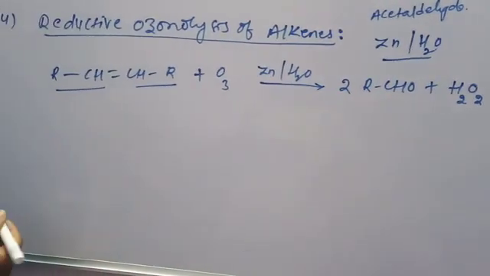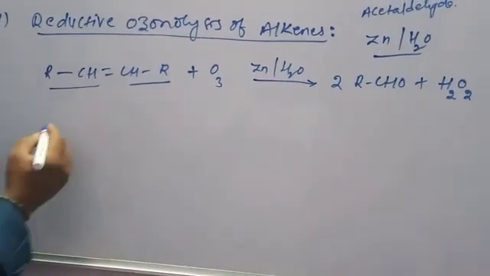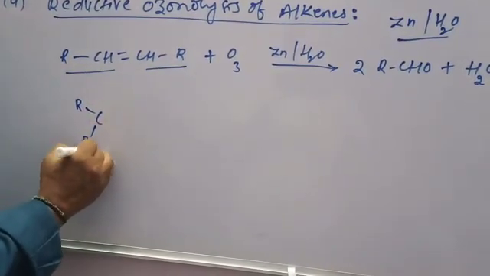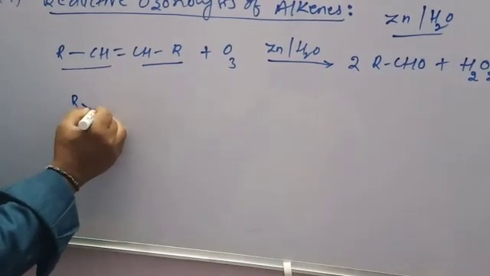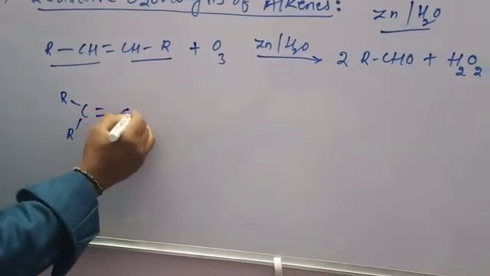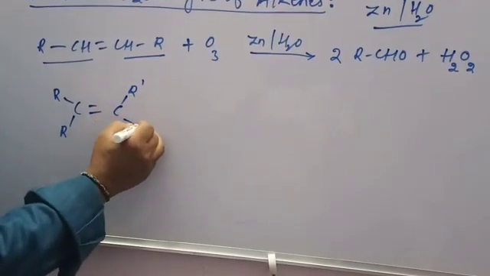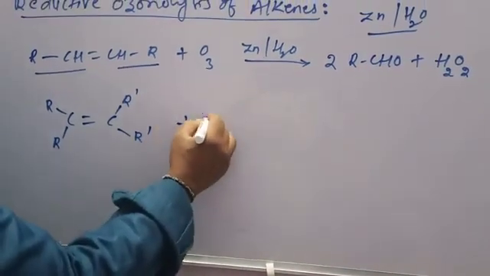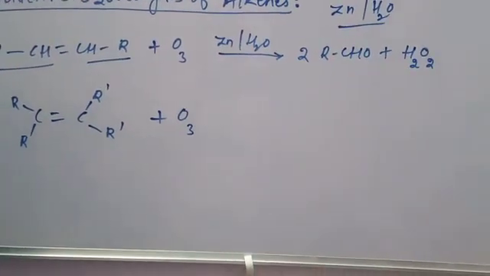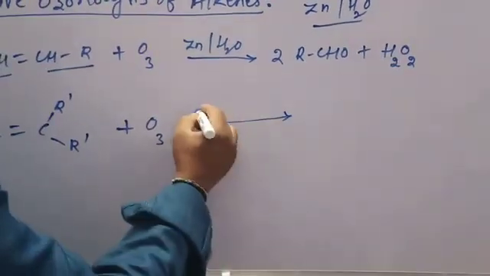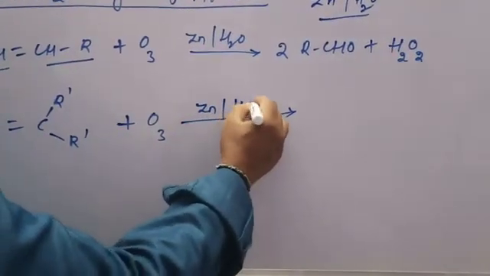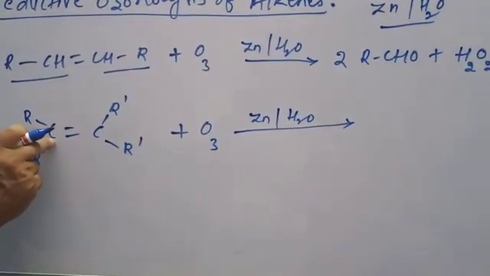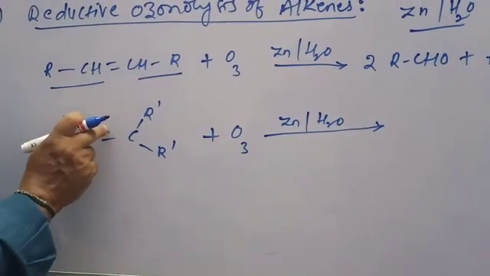Similarly, let us consider ketones. R2C=CR'2 is an alkene. It is treated with ozone in the presence of zinc and water. The double bond is converted into a single bond.